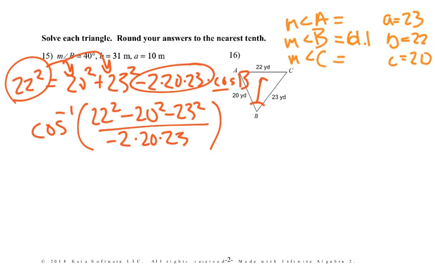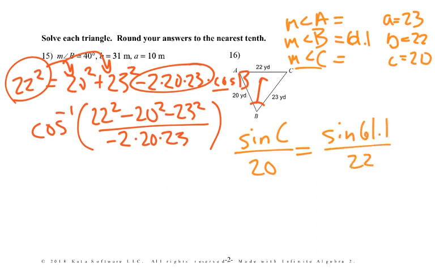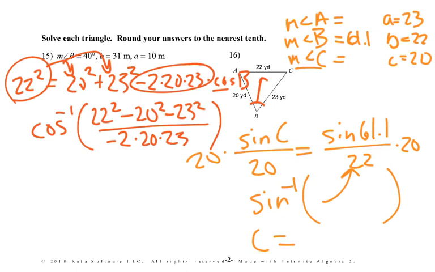Okay. However, now I need either angle A or angle C. Let's go for angle C. So I've got a connection now, so I go sine of angle C over 20 equals sine of 61.1 degrees over 22, times by 20. Then I take the inverse sine of that whole fraction, and I'm going to get angle C. And that gives me 52.7 when I round.